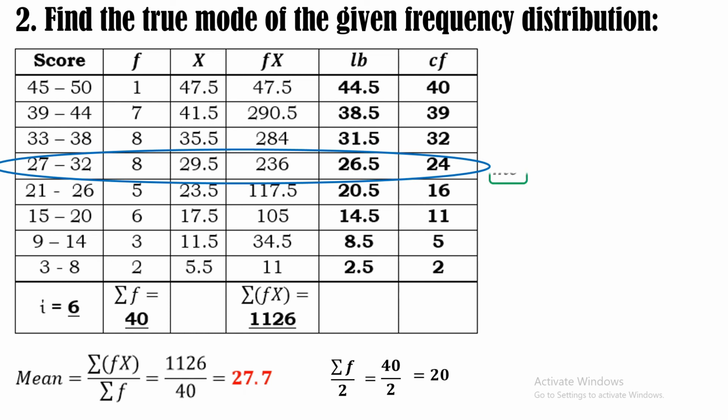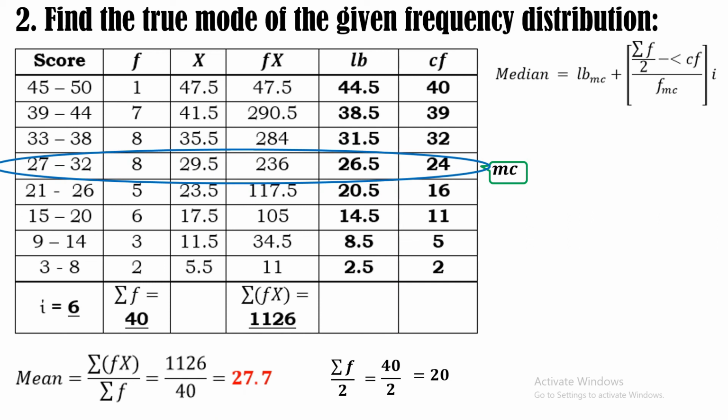So the median class is the class interval 27 to 32 because it contains 24 on the CF column. So since we have found the median class, we use the formula: median is equal to the lower boundary of the median class plus summation of f over 2 minus less than CF all over frequency of the median class times the class size.